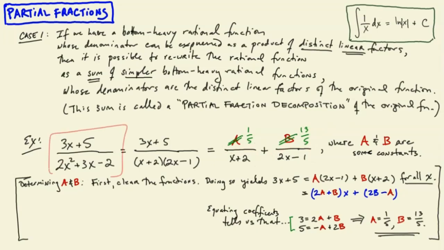If we had to integrate this rational function right here, we might have some trouble at first. However, if we do a partial fraction decomposition in this form, that is really easy to integrate because we do it term by term, and each one of those terms is of a form we already know how to integrate, as we discussed before, because each one is a bottom-heavy rational function with a linear function downstairs.